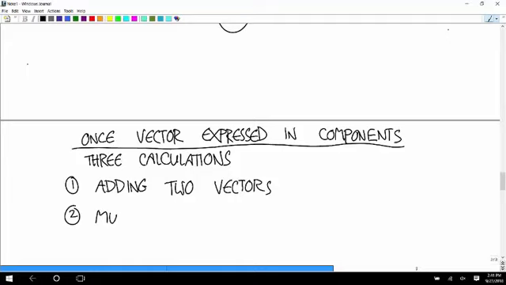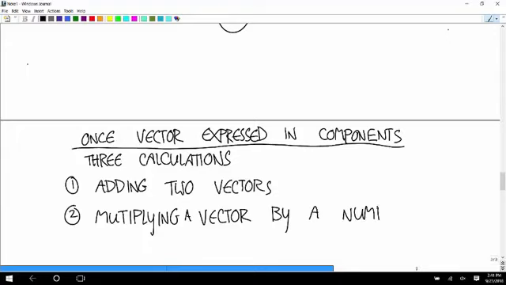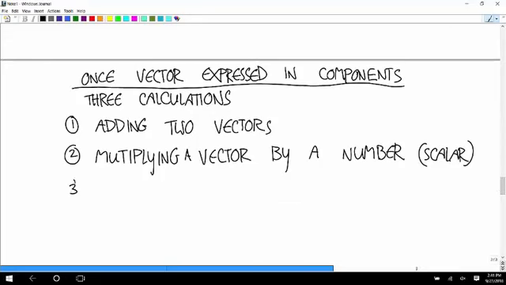The second one is multiplying a vector by a number. And when you're talking about a number as opposed to a vector, that's called a scalar. So I'm sure I'll say that by accident some. So when I say multiply a vector by a scalar, it just means one thing is a vector, one thing is just a number, and you're multiplying them together. And then the third thing is calculating the magnitude of the vector.